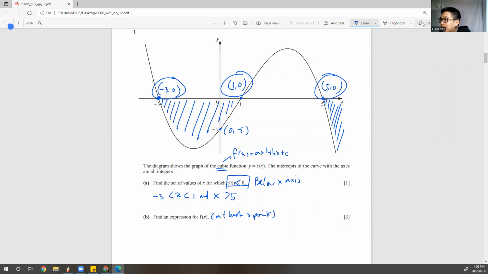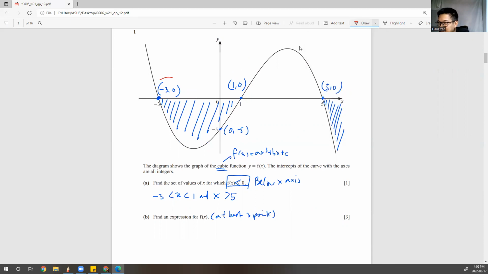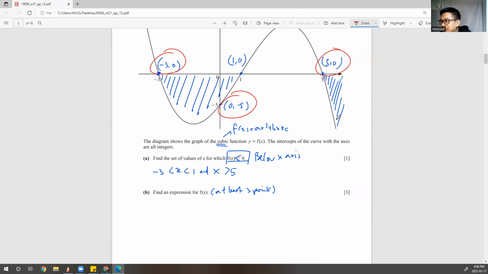So my best advice is to pick another point. You can pick any; I just pick the positive part. Here, I want to pick this point and this point because they cover the whole cubic function. I think those are the best choices.